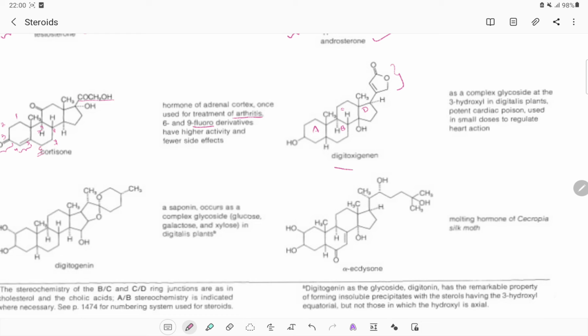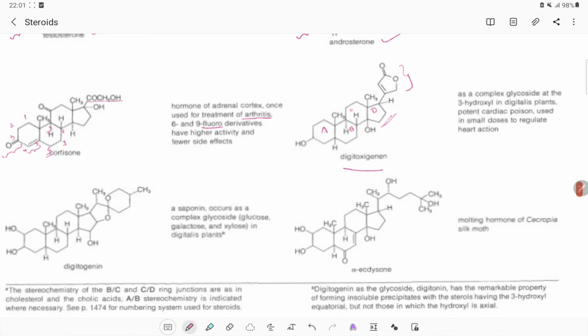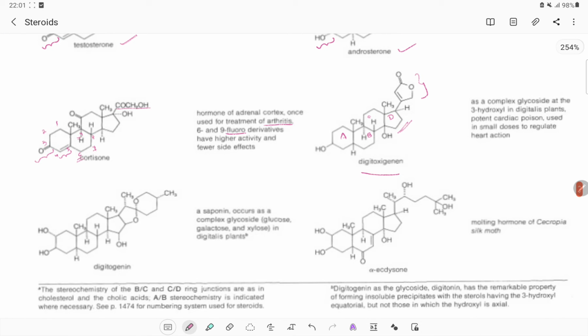Now this particular system is used in small doses to control the heartbeat. We can observe that it is a complex glycosidic system, with a lactone type of system attached to ring D.